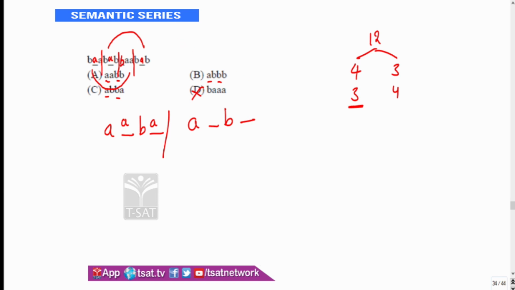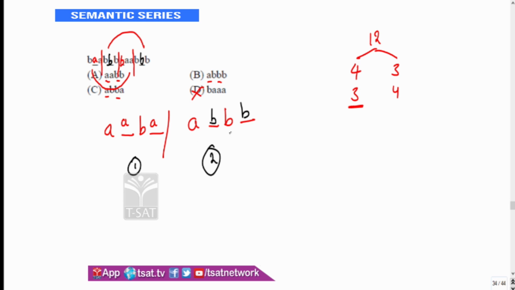Or if we fill with another letter, for example B, if I keep B here, here also B, then BBB, here also BBB, then your answer will become B and B. So now your answer is either the first one or the second one.